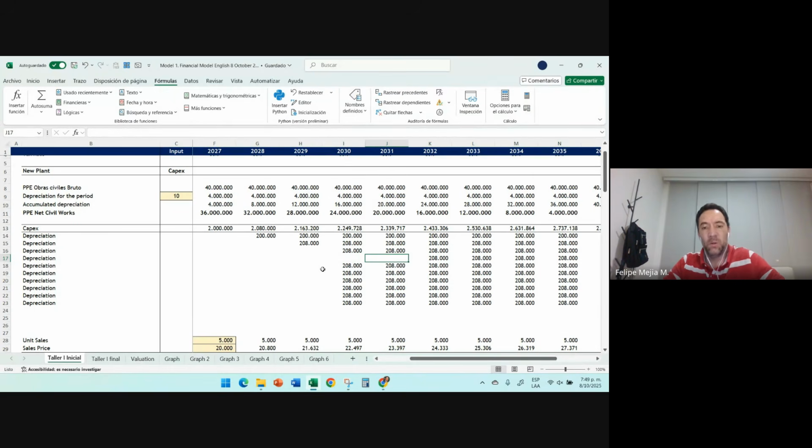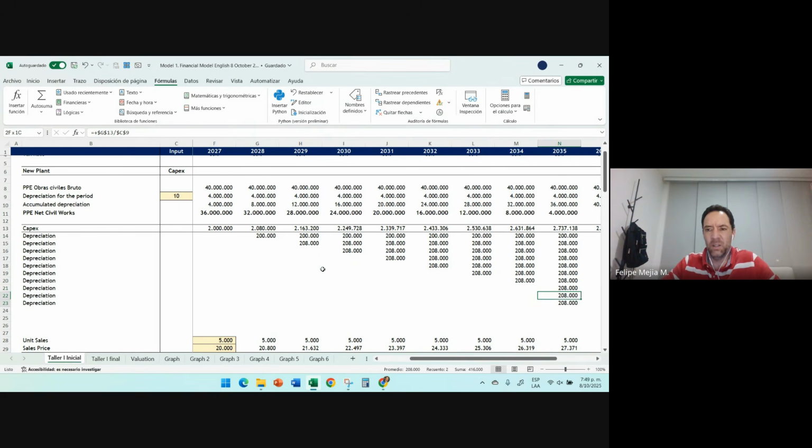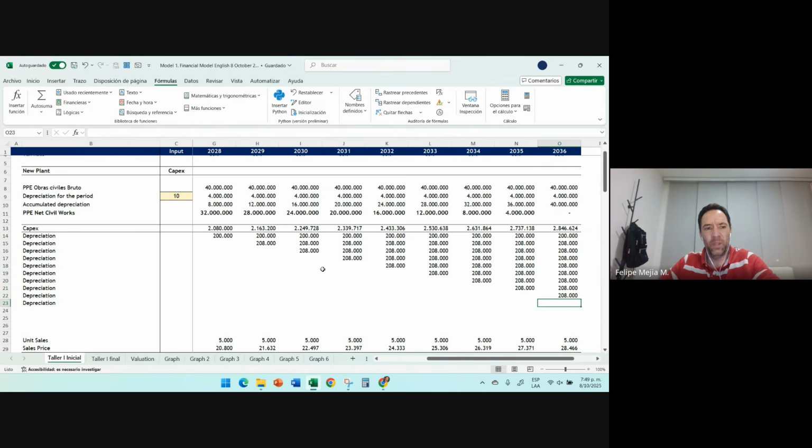But just so you know, this is something we need to do all the time. It's called the depreciation matrix. As I said, we have one Excel file that does this automatically. You just need to plug in the depreciation years. I'll be sure to send it to you after the class is done.